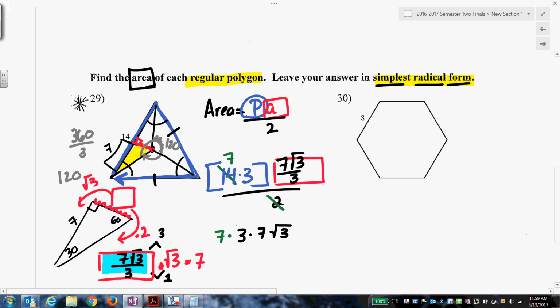So we see here, we're going to go 7 times 3, which is 21, times 7 again. And our final answer here for the area is going to be 147 root 3. We check for units. No units are given, so it's units squared. Review how we did that on the left. Follow the same order on the right.